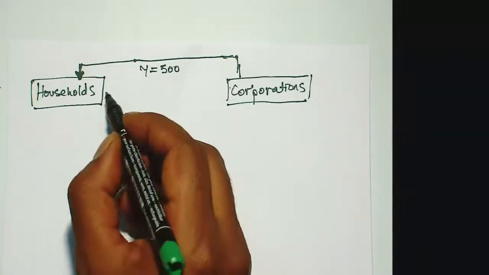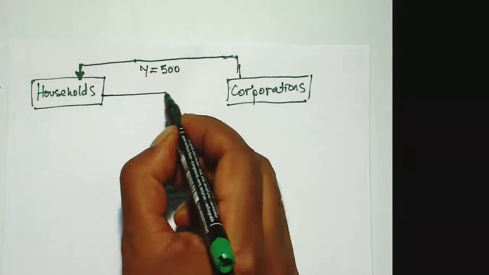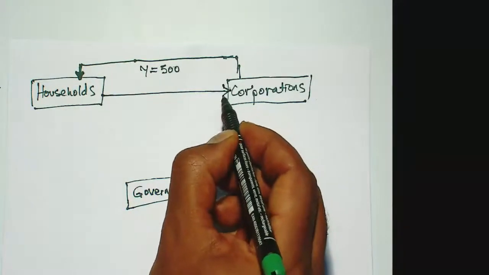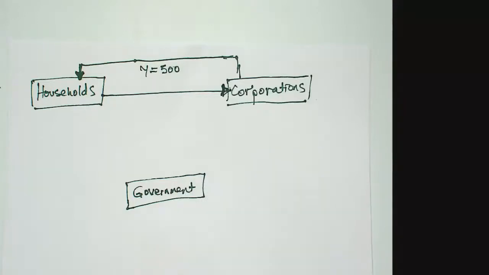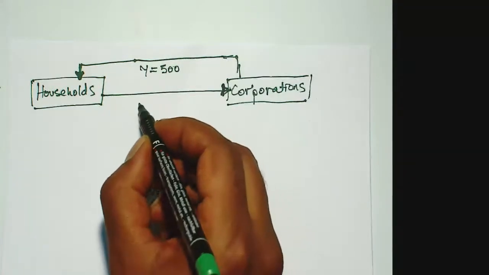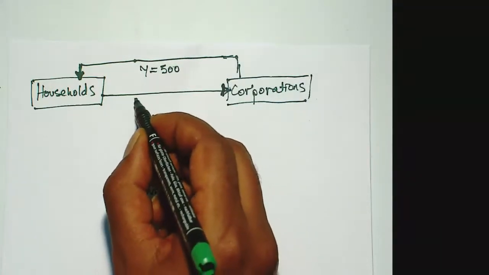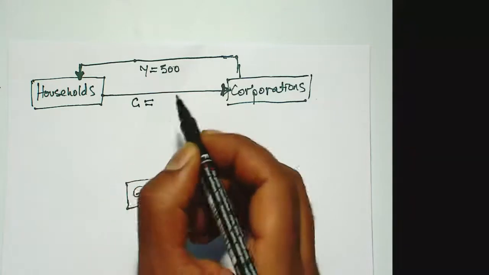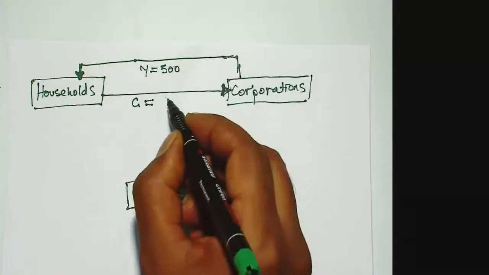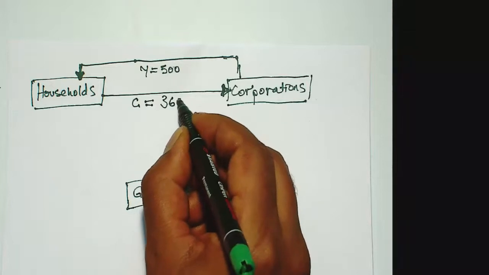We have said the households buy cars from the cars industry for a value of 360 euros. This is to say the households consume cars, and it should be indicated as consumption for a value of 360 euros.